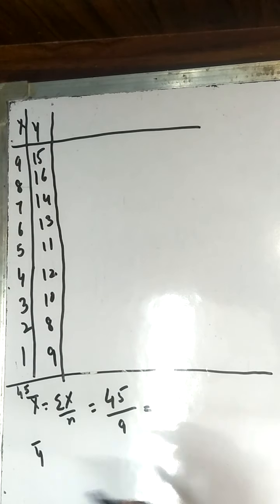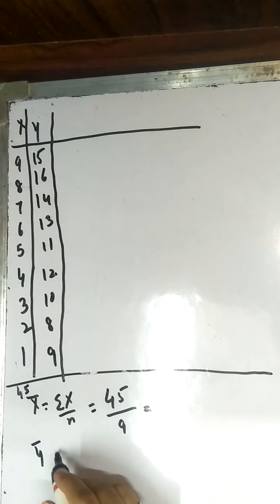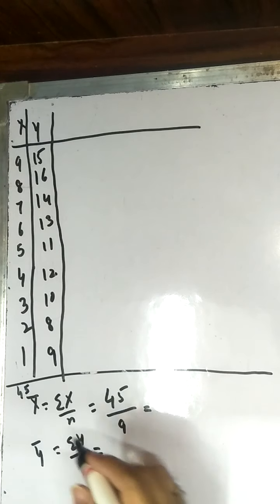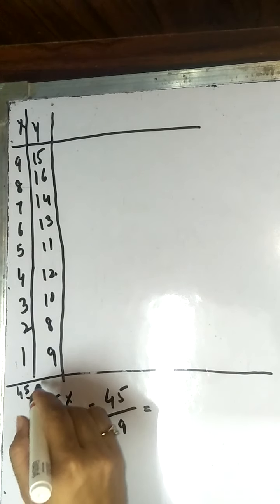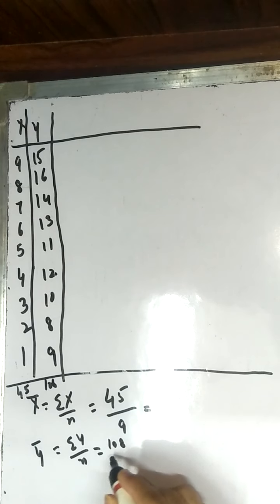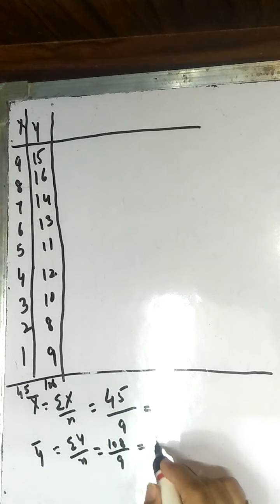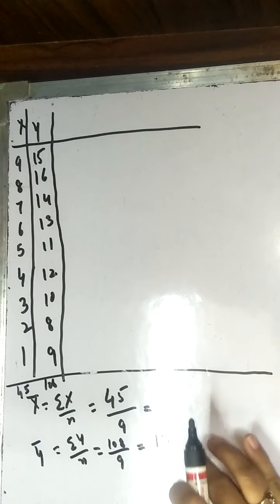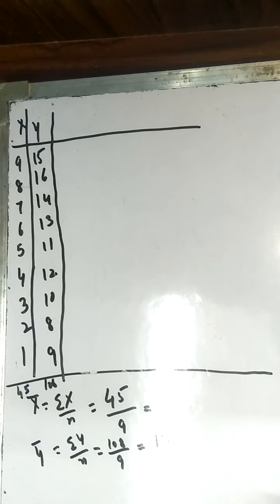Next we find the mean of y, that is summation y by n, and the summation of y is 108. So it becomes 108 by 9, which is 12. So in this way we find the mean of x and the mean of y.